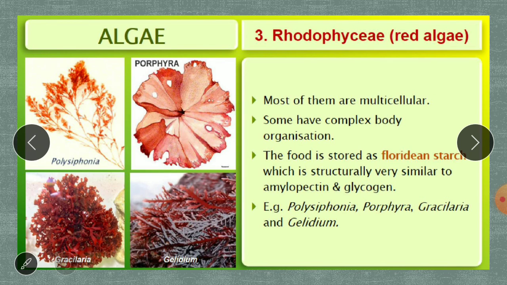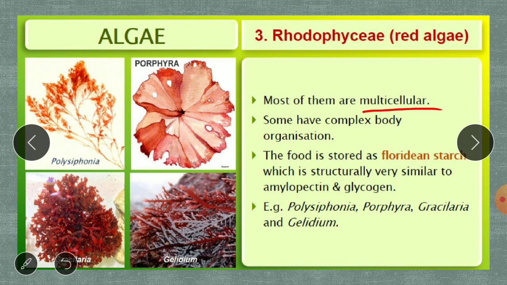Most of them are multicellular. From here multicellular organisms have started. If you have observed the development only in the Chlorophyceae, some examples like Chlamydomonas were unicellular. But apart from that, as we are progressing, you can find only multicellular organisms, made up of many cells.